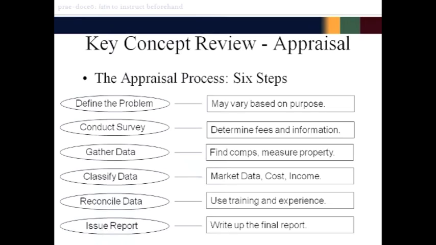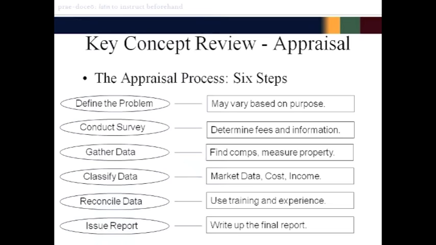Once they've gathered the data, they go to step 4, which is classify the data. Data is classified into 3 approaches to value. These 3 approaches to value are imperative to understand for the exam: market data approach, cost approach, and the income approach. I'll go into these a little bit more in depth in just a few moments.